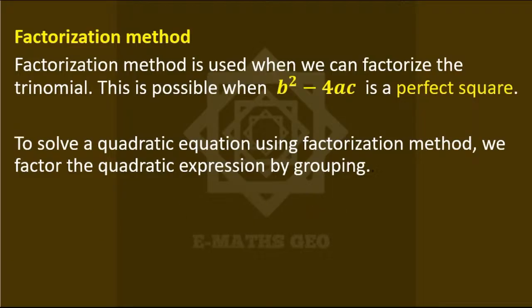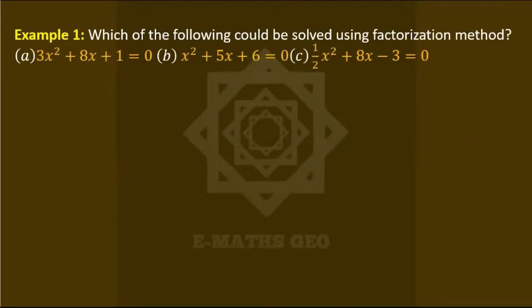Let's look at this question before we do it. They said, which of the following could be solved using the factorization method? Remember, they didn't say solve. They want to know if you could solve this by factorization. You don't need to waste time solving it or trying trial and error.